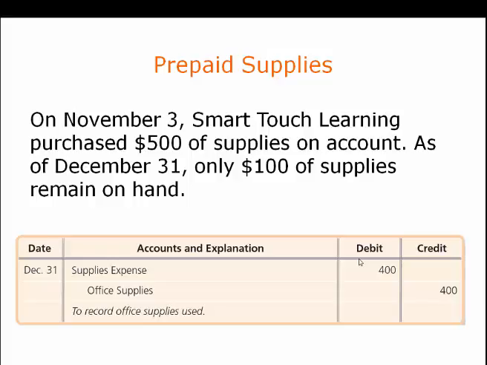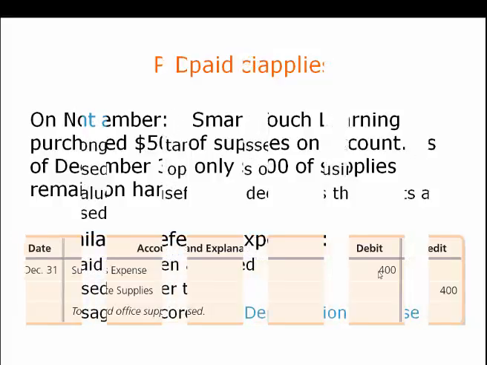And then when they counted, they only have $100 left. So if they only have $100 left, they had to have used or consumed, or somebody must have stolen, $400 worth of office supplies. So what we're going to do is use this ending balance, this $100, and set our new balance to $100. That means we need to reduce office supplies $400 in asset, and we need to increase expense $400 to office supplies expense. Remember, we're following the matching principle here.